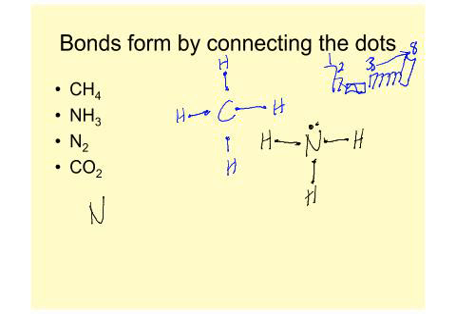Nitrogen, it's N2, and I'm going to do this just a little bit differently. Nitrogen, I know, has 5 electrons, and I know it's diatomic, so I'm going to aim my single electrons at it. So notice I put my pairs far away, because they won't be bonding.